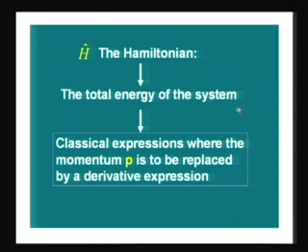The total energy of a classical system is obviously given by the kinetic energy and the potential energy. You know, for a particle moving with a momentum p, if the particle has a mass m, its kinetic energy expression is given by p square by 2m.